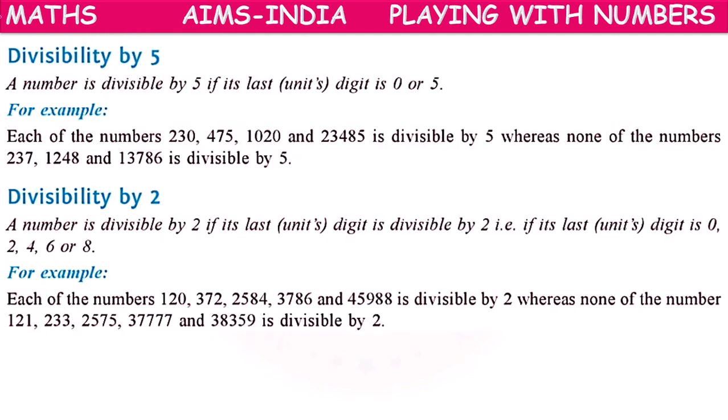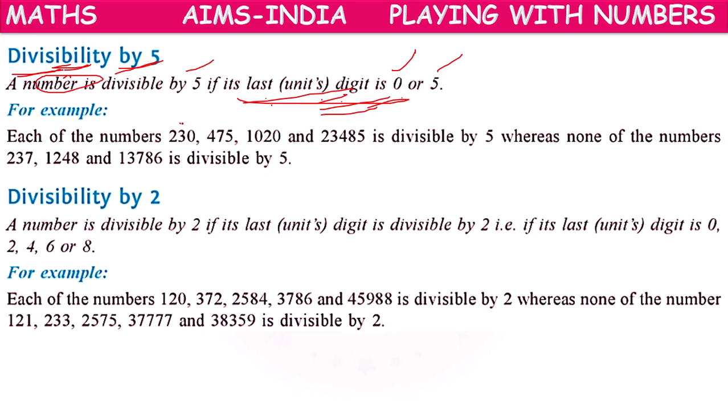Next, in the same way, if you want to check the divisibility by 5, what we have to test is whether the last digit or unit digit is 0 or 5, because any number is divisible by 5 if its unit digit is 0 or 5.